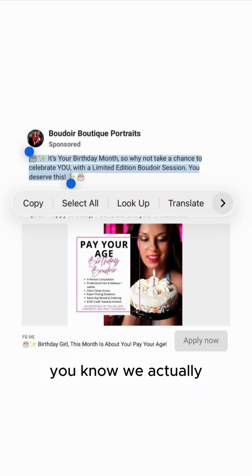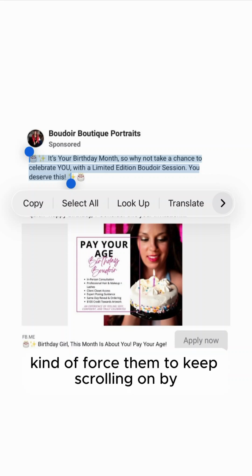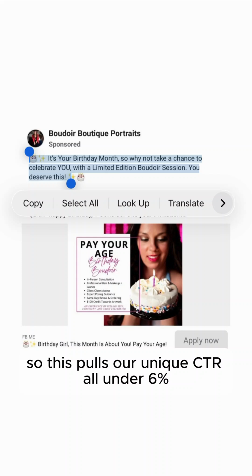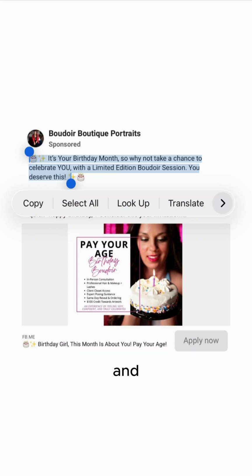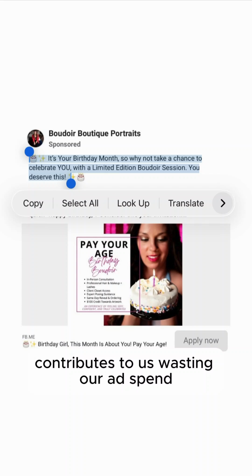The way we set it up kind of forces them to keep scrolling on by. So this pulls our unique CTRL under 6%, contributes to BLCS, aka Boudoir low click syndrome, and contributes to us wasting our ad spend.